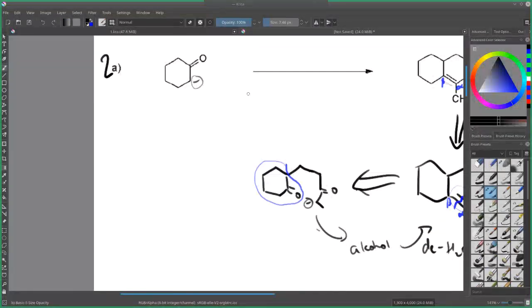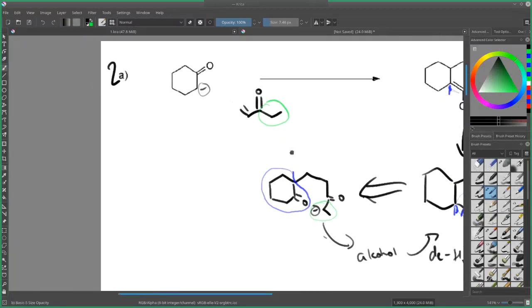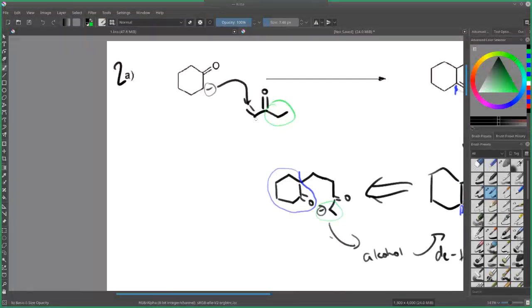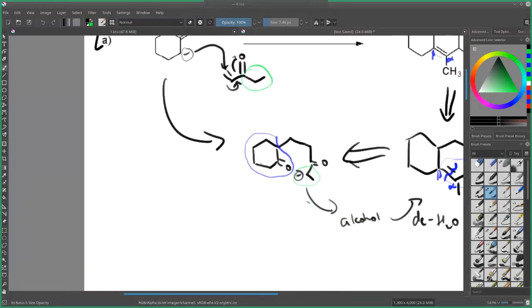So we know that it's going to have to be a conjugated ketone, and then we want to include the rest of this side on it. So how about we make it green? We want to be sure to include that, so we'll include it over here. Okay, and it just looks like that. And there we go. Michael addition onto this thing, which will wind up forming this because you'll regenerate your ketone.